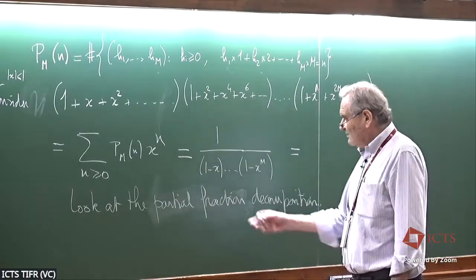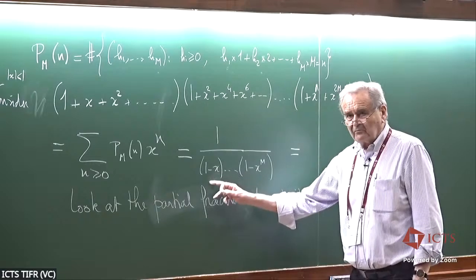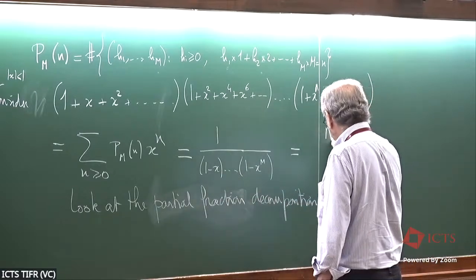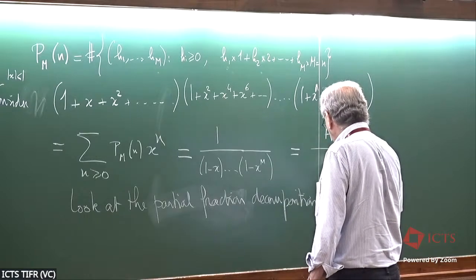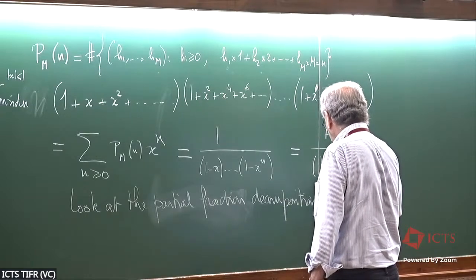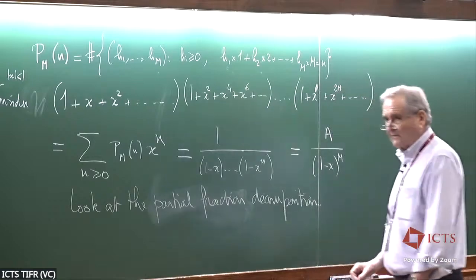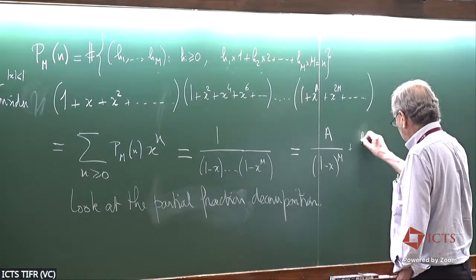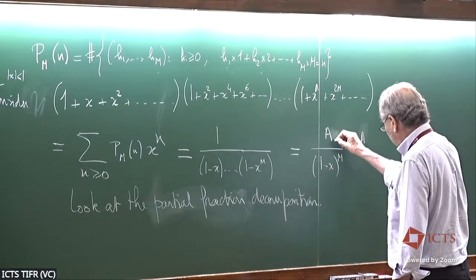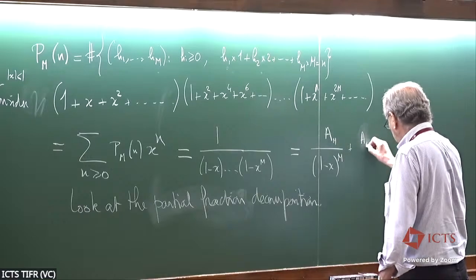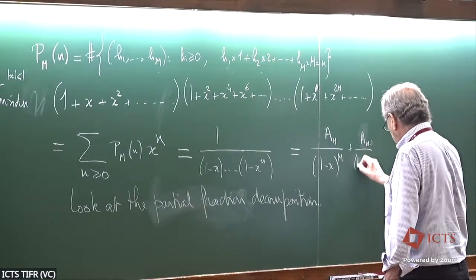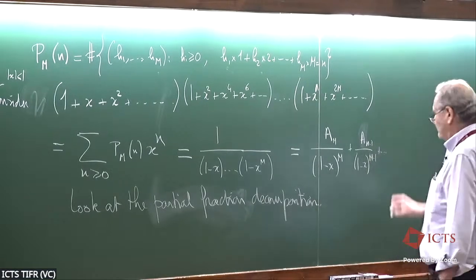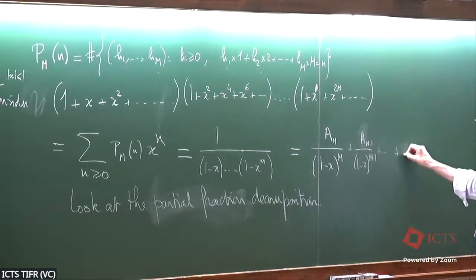So the 1 will occur with a higher power, it is 1 minus x, because it occurs everywhere here. So this will be something like a, I don't put indexes, there's no point, over 1 minus x to the m. And then you will have, of course, plus maybe am minus 1 over 1 minus x to the m minus 1 plus blah, blah, blah.